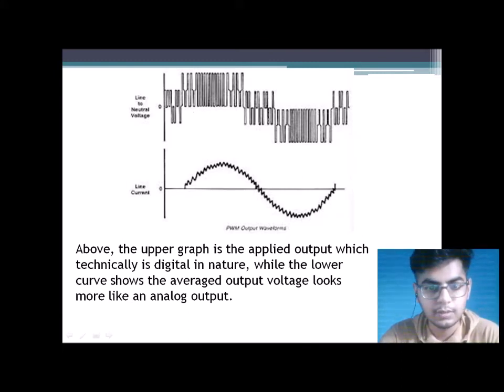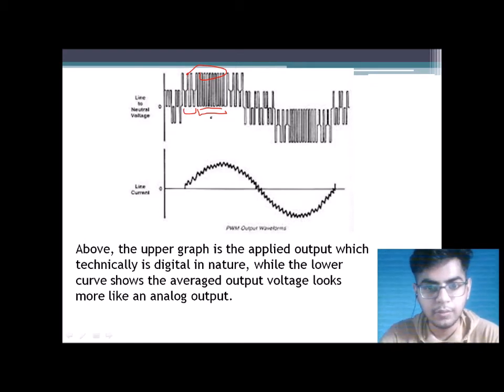This is our PWM pulse, and as you can clearly see it is digital in nature, it can only be high or low. So here it is high and here it is low. You can see that this is the range where the time period of keeping it on is high and it is kept low for less time, while where it is sparse, it is kept high for less time and low for more time.